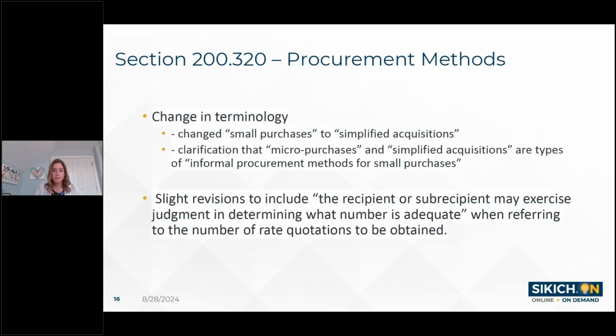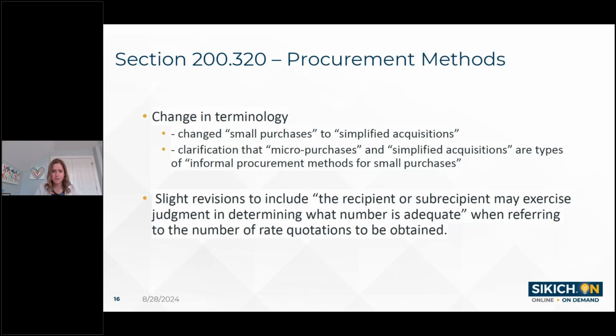Looking at procurement methods, there were small changes in some terminology there. The OMB changed the definition of small purchases to simplified acquisitions, and then also clarified that micro purchases and simplified acquisitions are types of informal procurement methods for small purchases that are allowable under the guidance.